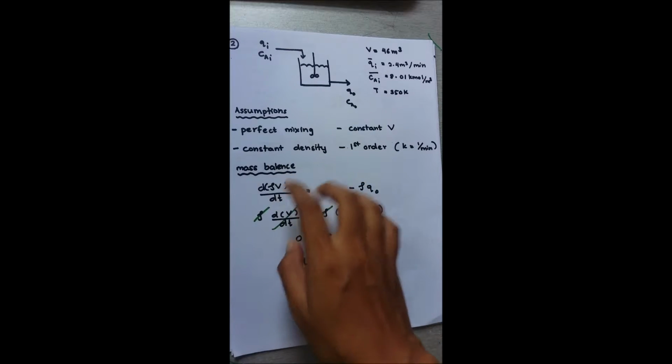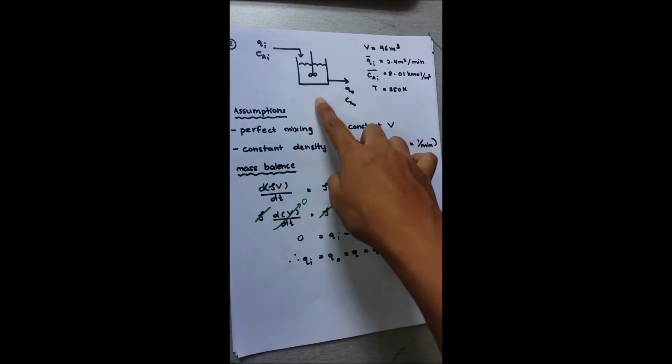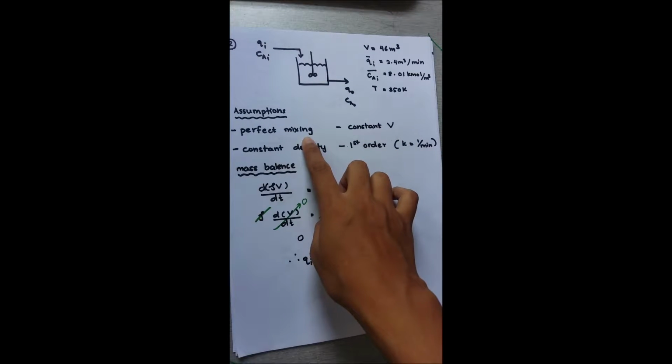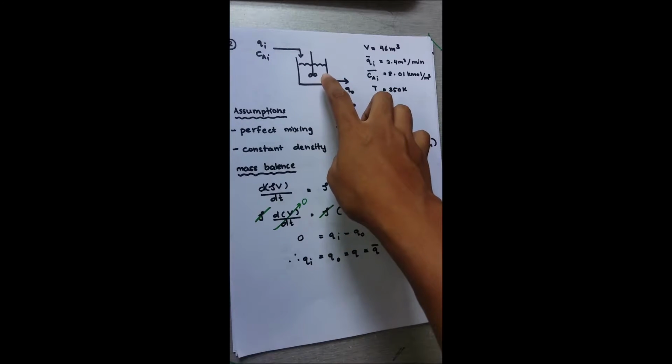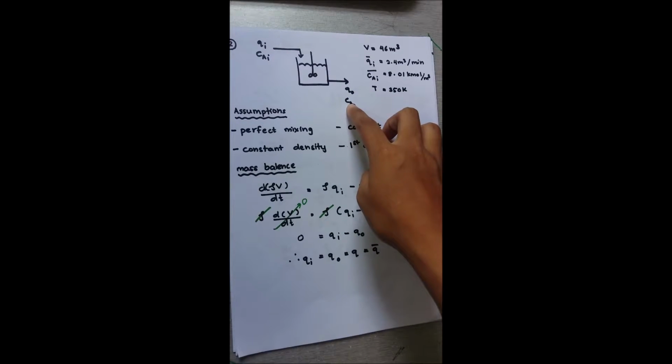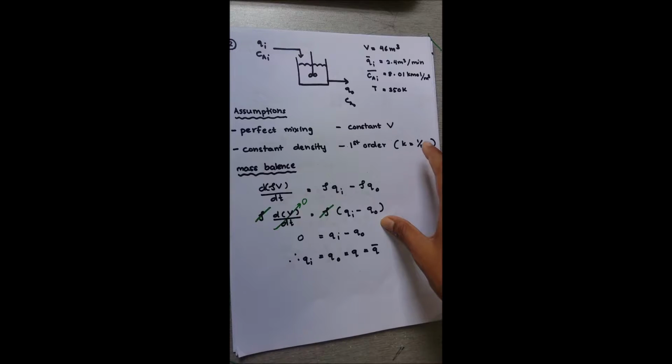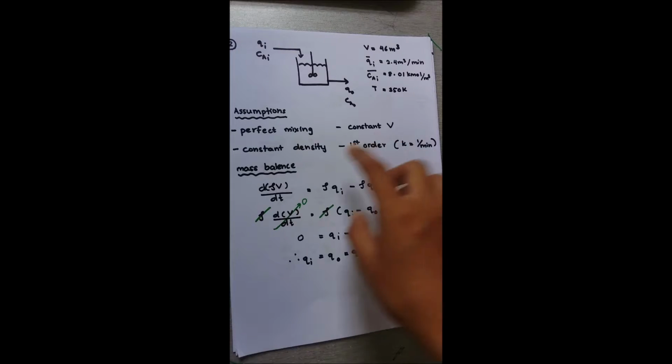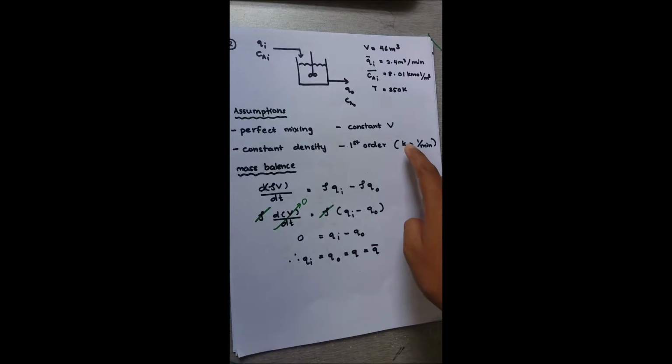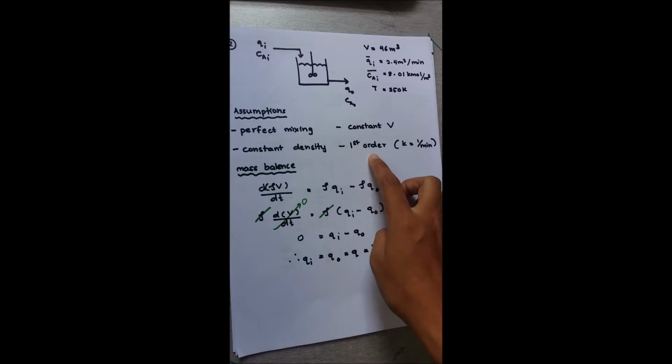The assumption we made is, since it is a CSTR, it will have perfect mixing. That means the component inside the tank will be equal to the component at the outlet. The volume is constant, density is constant, and since K is given in the unit of 1 per minute, we assume that it's a first order reaction.